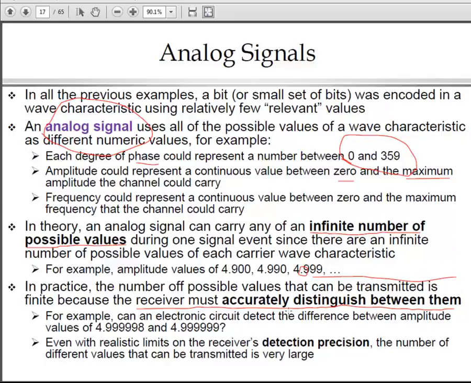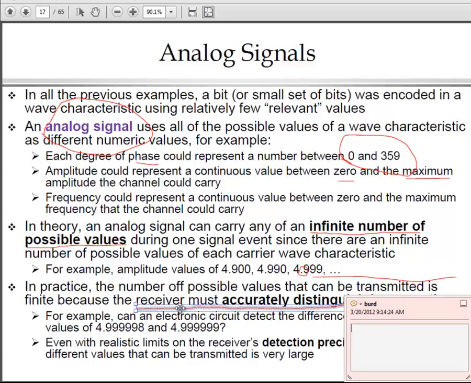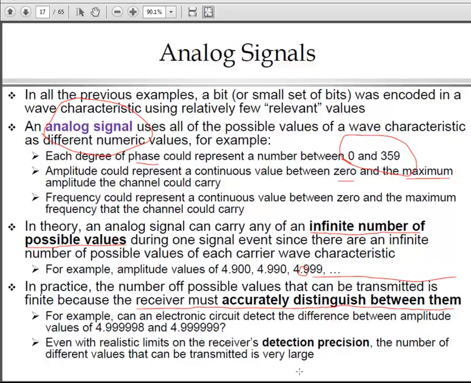Okay, so this idea of accuracy, very high accuracy requirements in distinguishing between very tiny differences between values, applies both to the receiver and to the communication channel as a whole. Okay, so the issue really is best summarized in the phrase detection precision, but it's also transmission accuracy, and we'll come back to that in a minute.